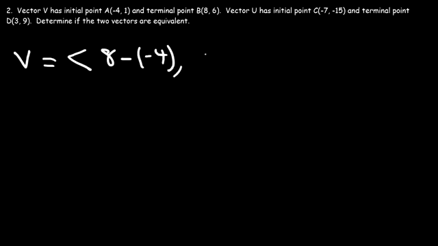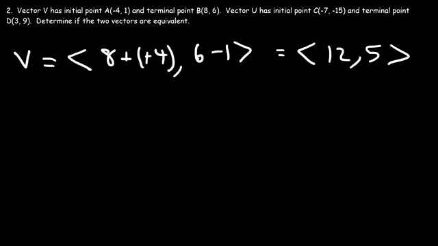And vy, the y component of v, is going to be the y coordinate of the terminal point minus the y coordinate of the initial point. And so that's going to be 6 minus 1. And so we have 8 plus 4, which is 12, and 6 minus 1, which is 5. So this is the component form of vector v.